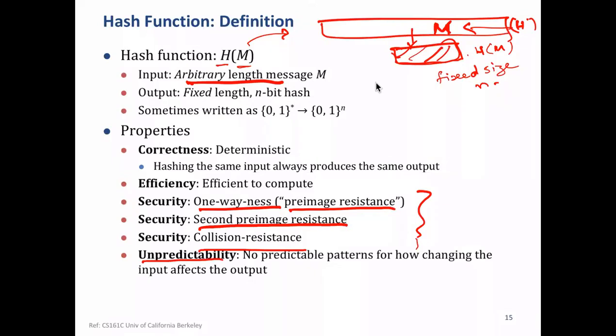The output should not be predictable: no predictable patterns for how changing inputs affects the output. It means that if you make a small change in input, the output changes should not give an impression about the input changes. It could be many bits. One bit change in input can result in, say, thousands of bits of changes in the hashed output. That's the concept.